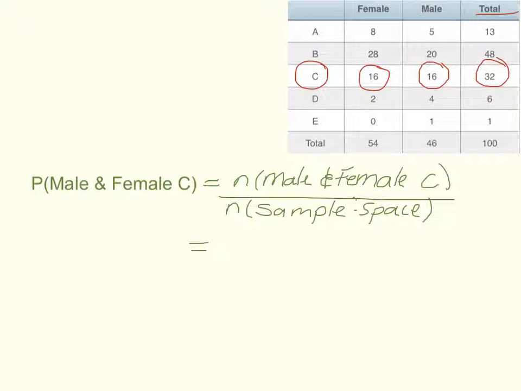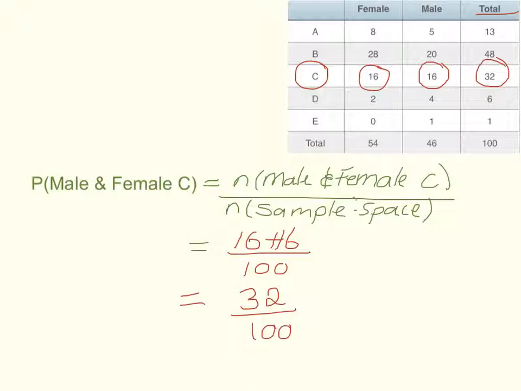So you could either write 16 plus 16 divided by the sample space of 100, or you could have written straight to 32 divided by 100.